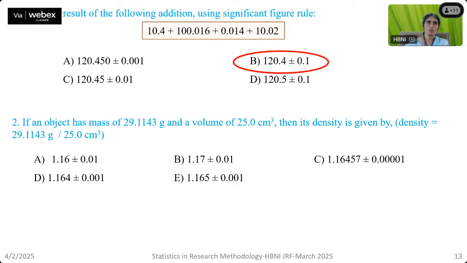So when you are calculating the final uncertainty, take the relative uncertainty of the individual contributors and propagate it as per the rule we just discussed. Then if you follow the rules properly, you will see that choice E is the answer.